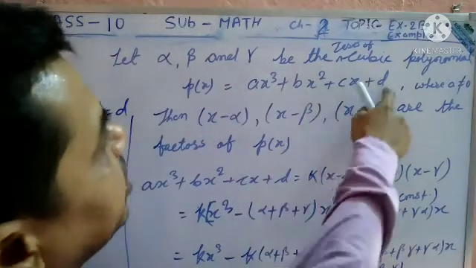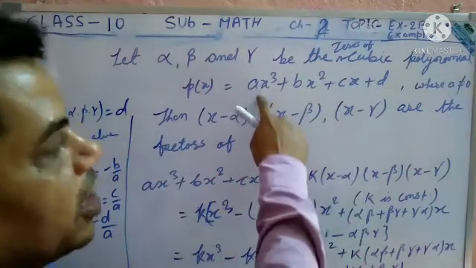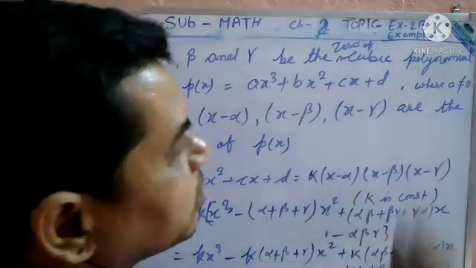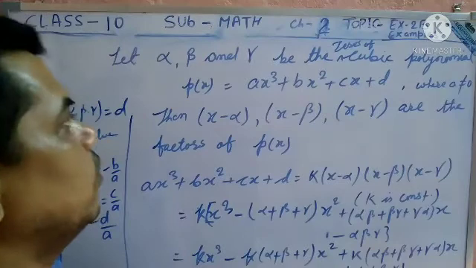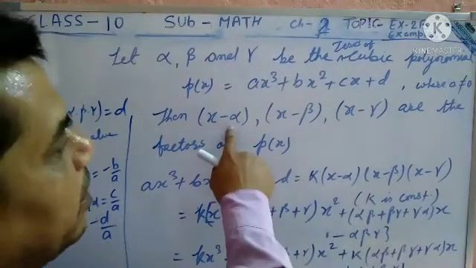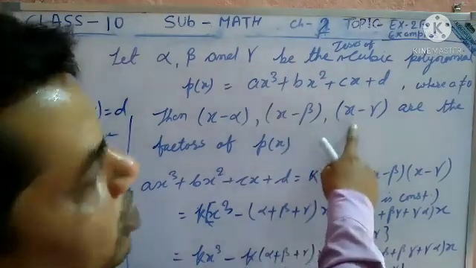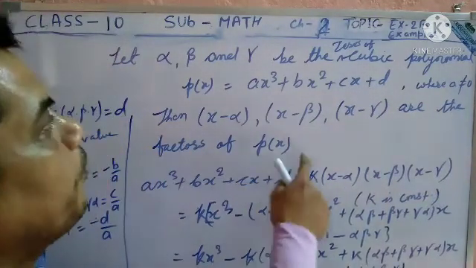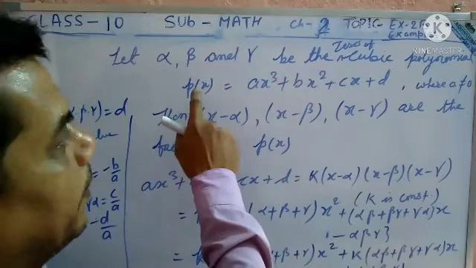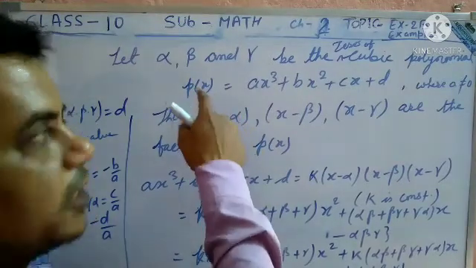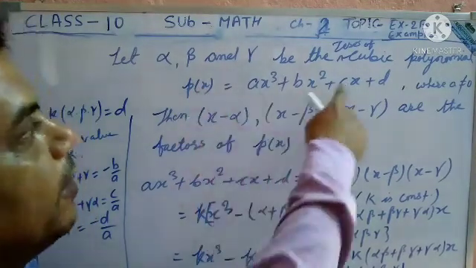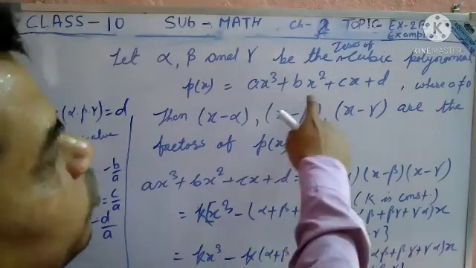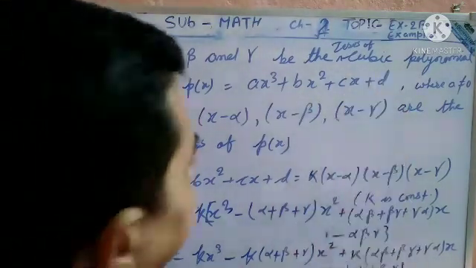So the general equation of the polynomial is ax cube plus bx square plus cx plus d, where a is not equal to 0. Now x minus alpha, x minus beta, x minus gamma are the factors of p of x, the polynomial ax cube plus bx square plus cx plus d.